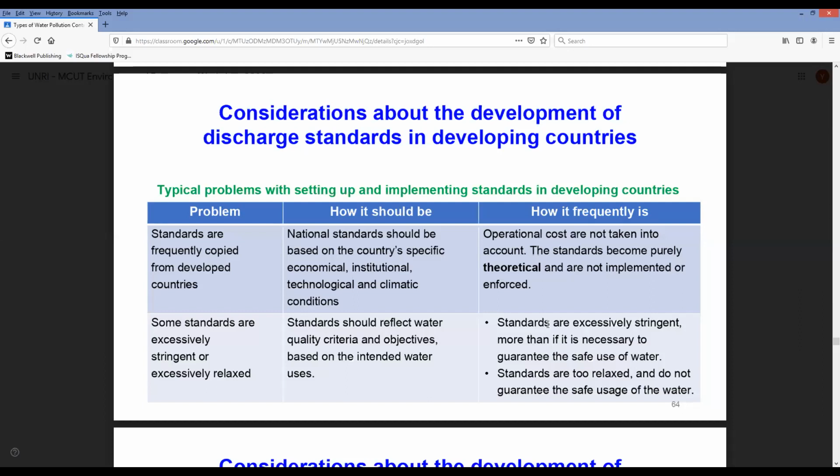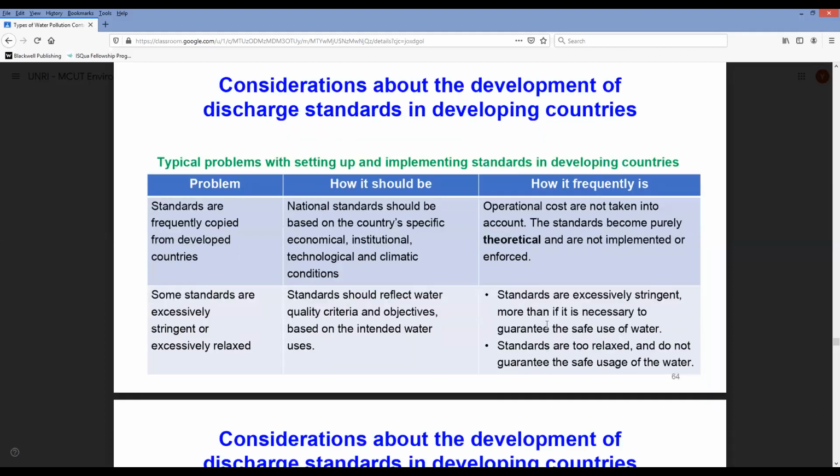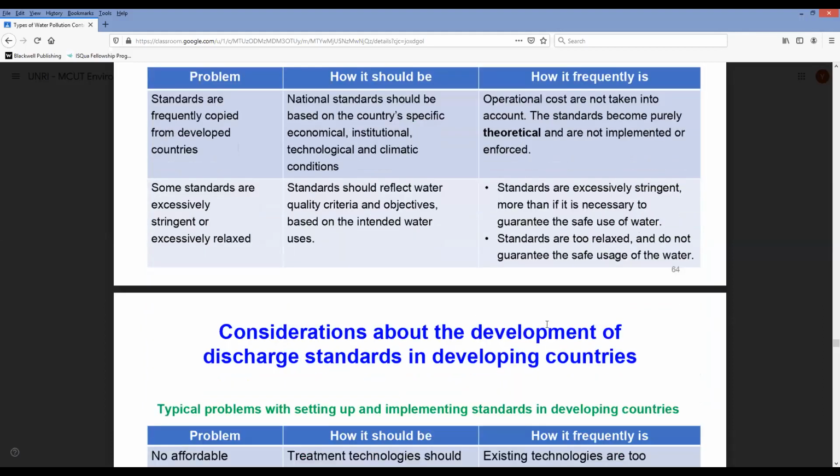In order to make the regulation, you need to come up with a regulation which is very close to your environment. And the next is some standards are excessively strict or excessively relaxed. So it means they don't take the middle part of the guideline. Okay, next please.